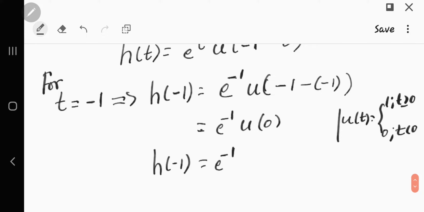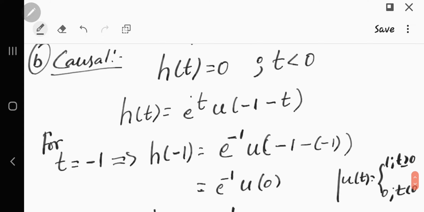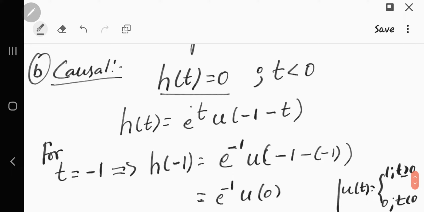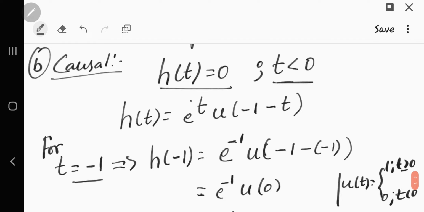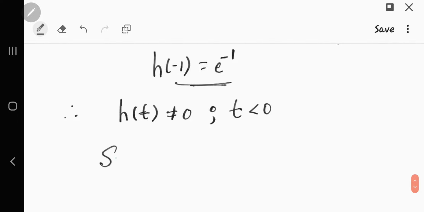That means h of -1 is giving a value, so the condition that the impulse response h of t should be 0 for negative values of t is not satisfied. Therefore h of t is not equal to 0 for t less than 0. So the system is not causal.